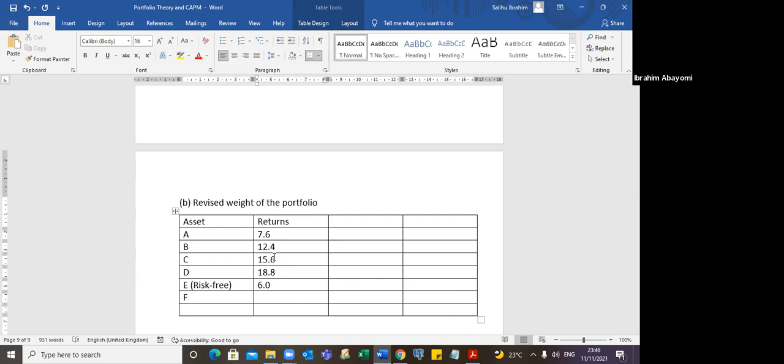So we are assuming two things: a risk-free rate of 6% and a market return of 14%. That's the first thing you need to do. Now let's get our weights.